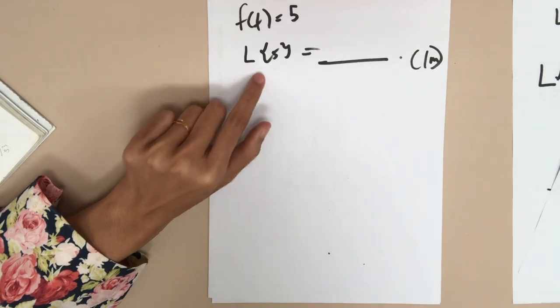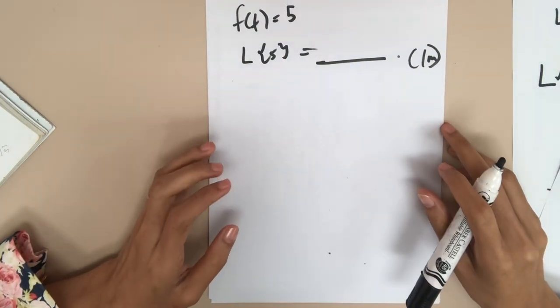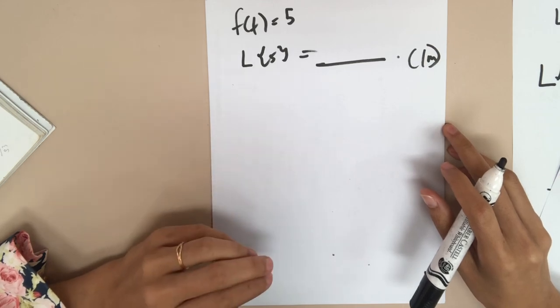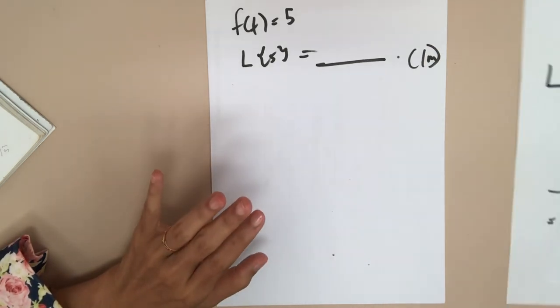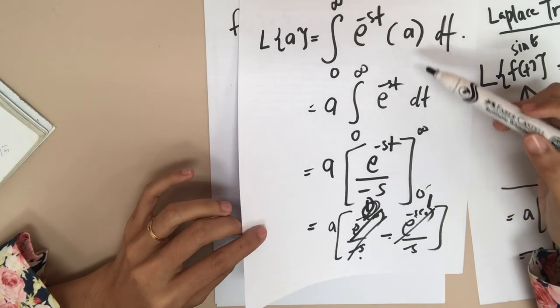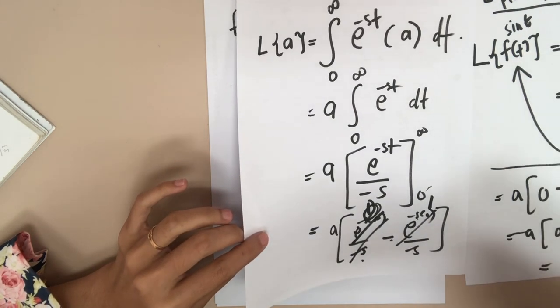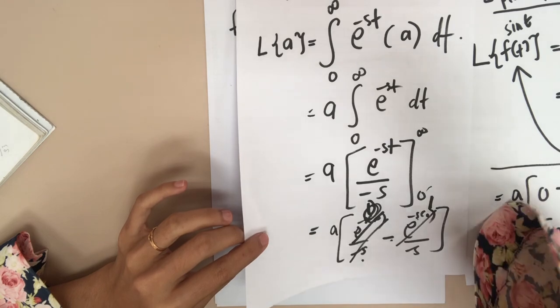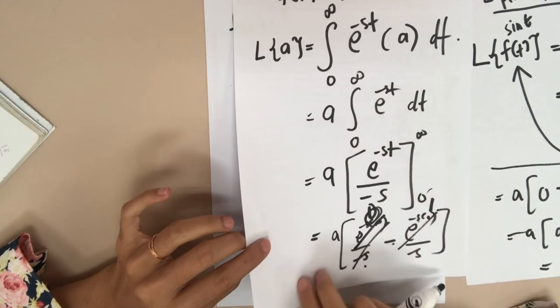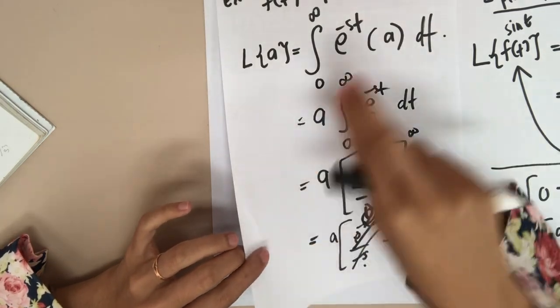Laplace transform of 5, and the marks is only 1 mark. Logically, you wouldn't write or calculate it like this, right? There must be a direct answer, no need to use all this.